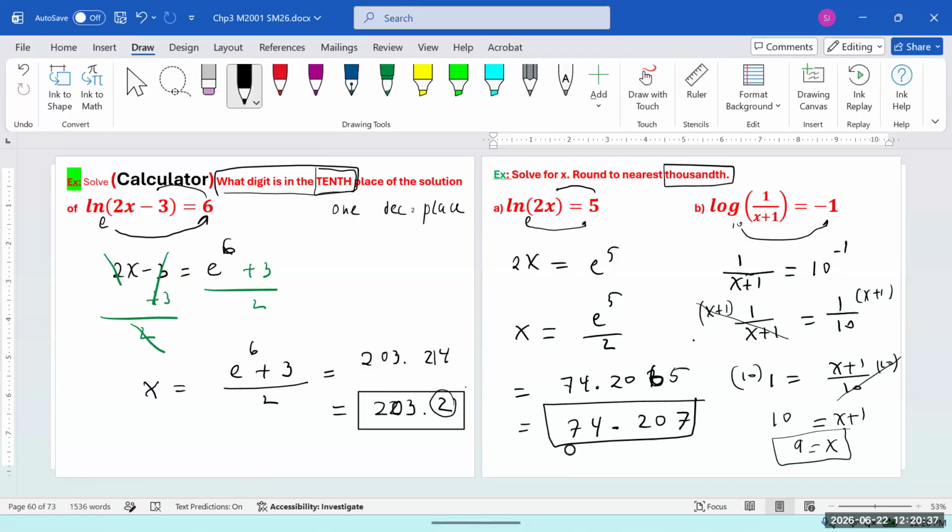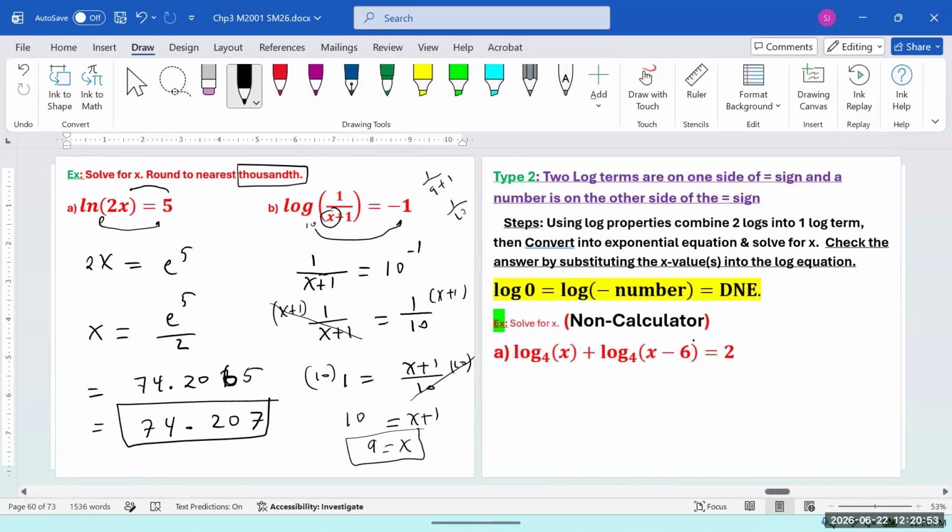And then you have to put it here to see, does it make our argument negative? So we have 1 over 9 plus 1, which is 1 over 10. We are safe because our argument is positive. You just have to check the argument. As long as the argument is positive, I'm happy.